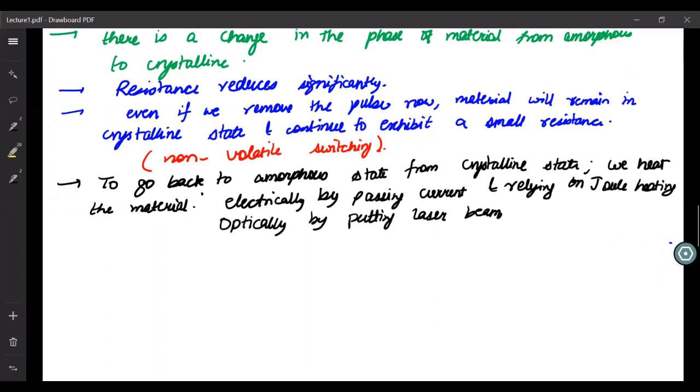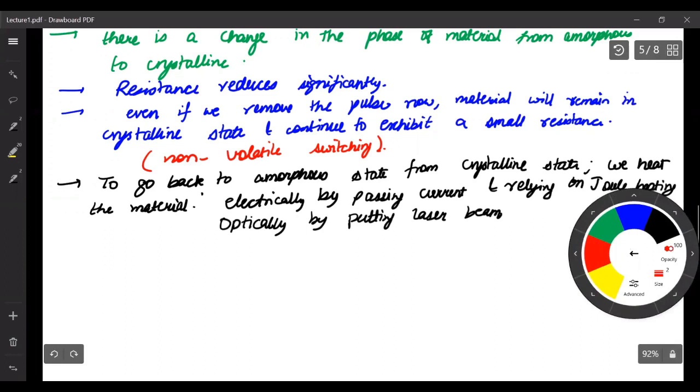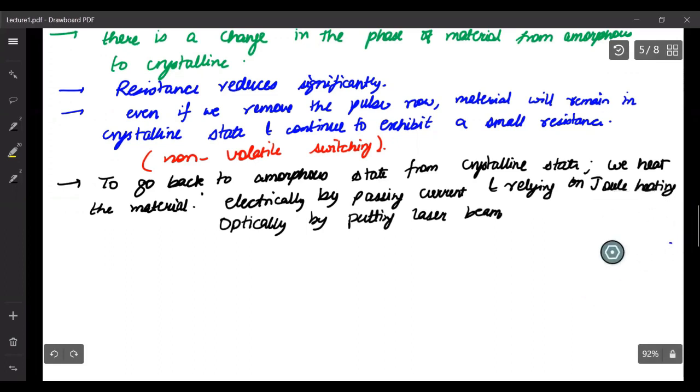So to go back from crystalline state to the amorphous state, what we do is we heat the material to what temperature? We heat the material beyond its melting point, and let us symbolize that by Tm.